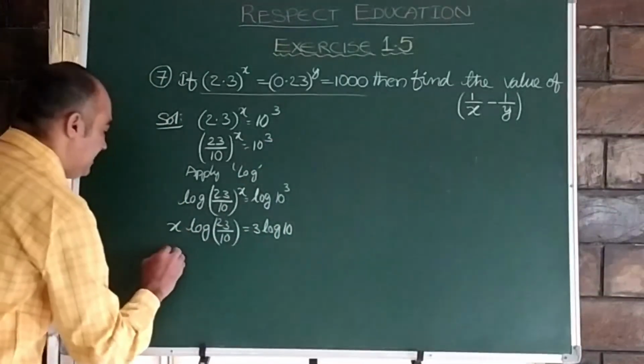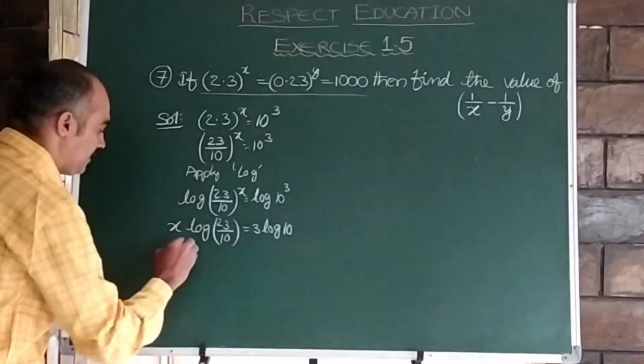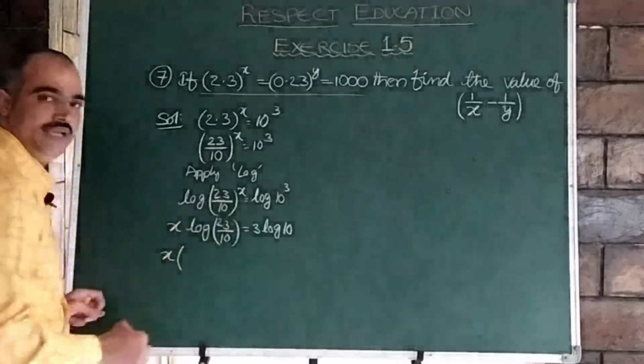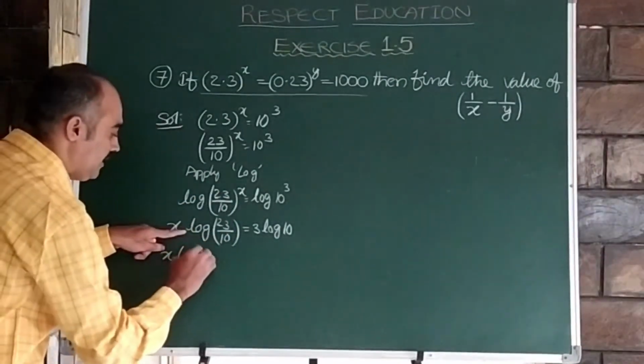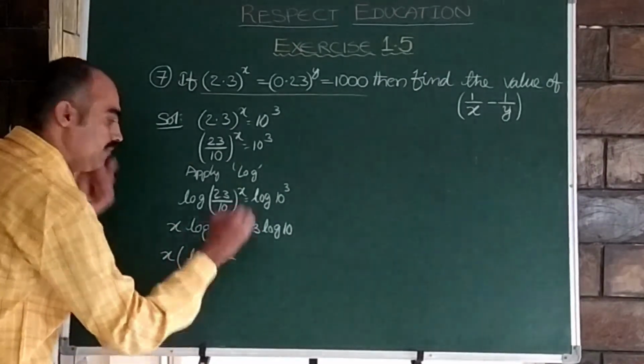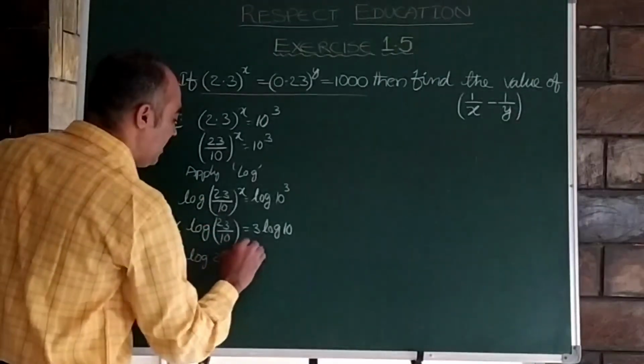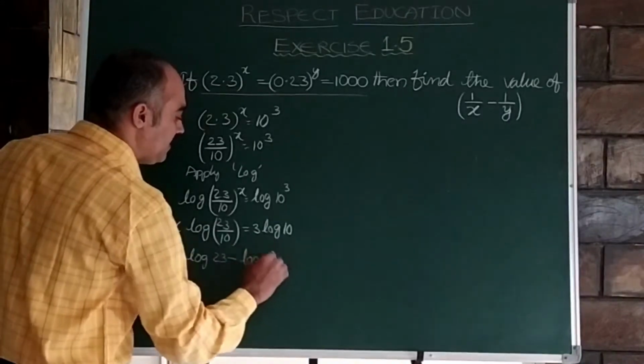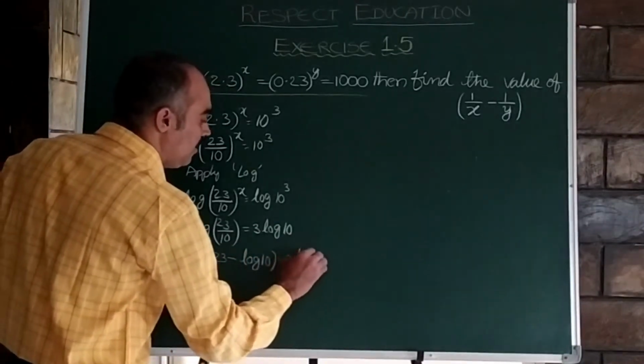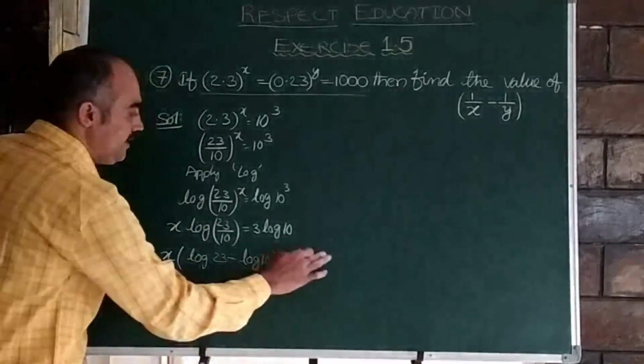So here x, log a by b can be written as log a minus log b, so log 23 minus log 10 is equal to 3 times log 10, right?